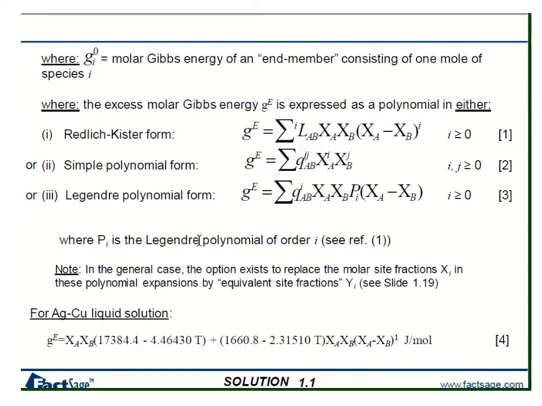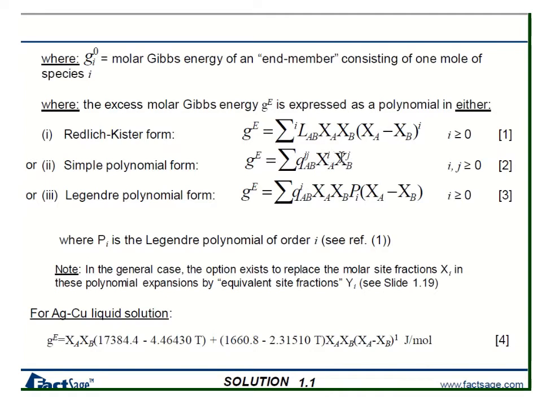We can describe the excess Gibbs energy by using different polynomial functions. One of the simplest polynomial functions is this one: the excess Gibbs energy as Q_AB^ij, where ij is just the index, times XA to the power i, XB to the power j.